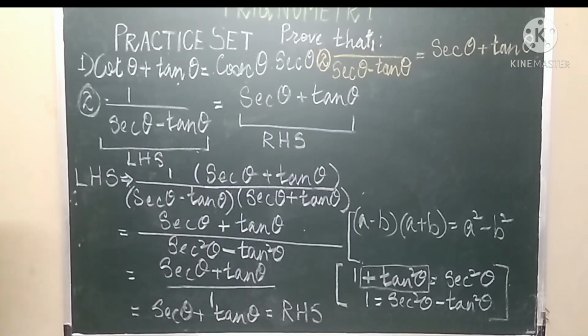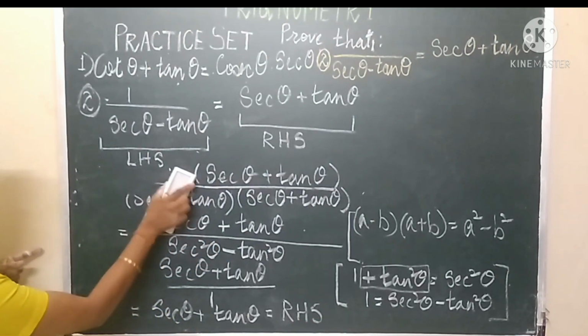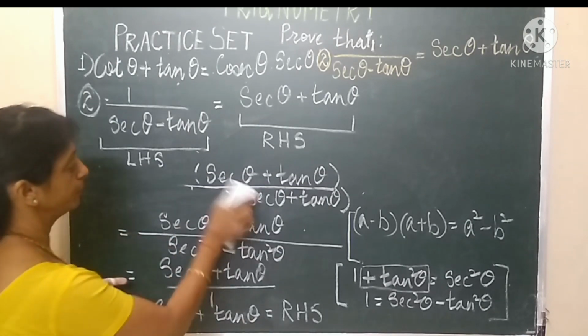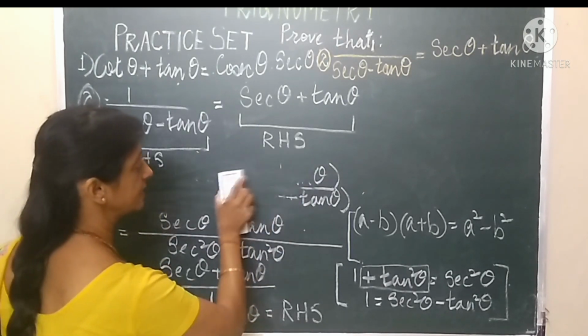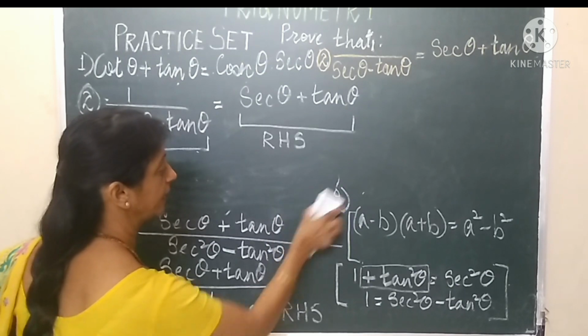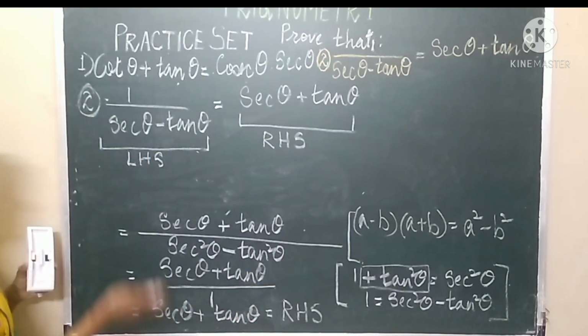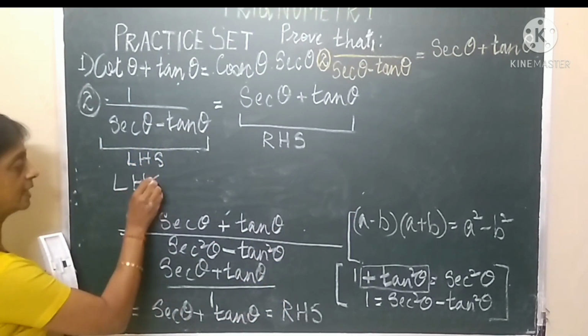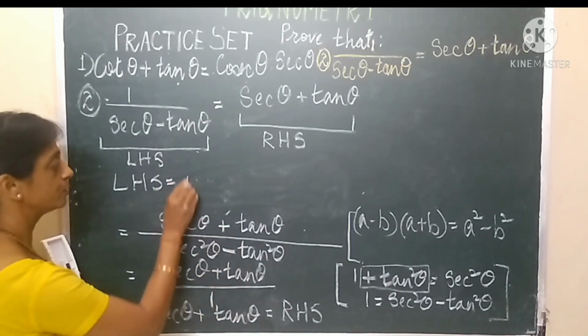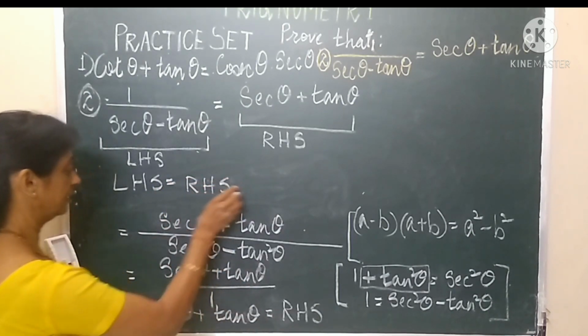So children, therefore, we were able to prove, starting with the left hand side, by simplifying it, that our left hand side is ultimately equal to our right hand side.